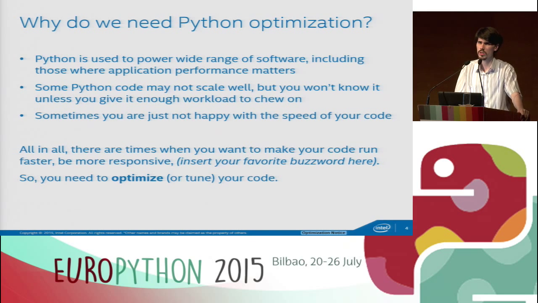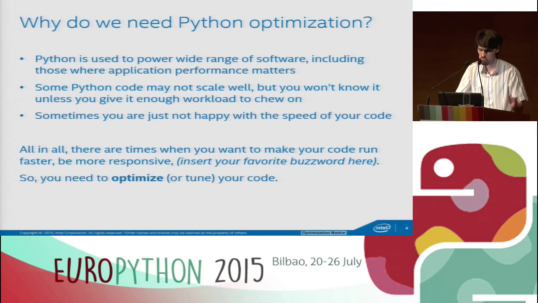The other problem is Python is actually a very good language to start with. It's easy to learn, and it's pretty forgiving, so you can make some mistakes and you won't notice them unless you give it enough load to churn on.